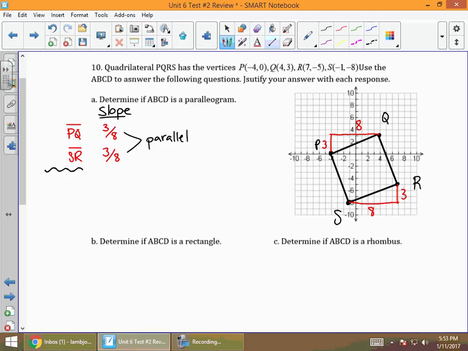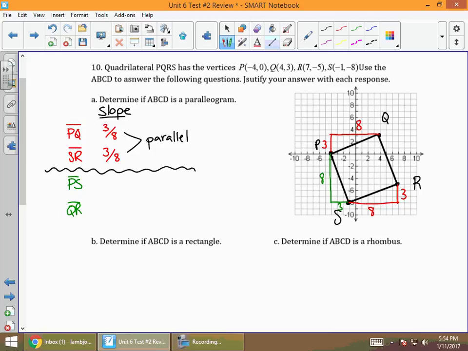Okay, now I'm going to look at my left and my right. That left side is going to be PS, and the right side is going to be QR. Let's find the slopes from P to S. I have to go down 1, 2, 3, 4, 5, 6, 7, 8. Going to the right, 3.